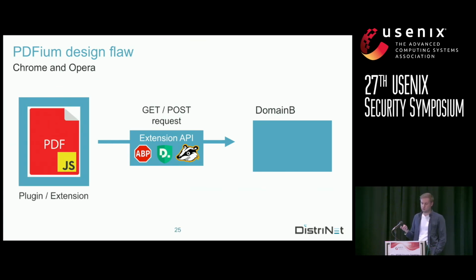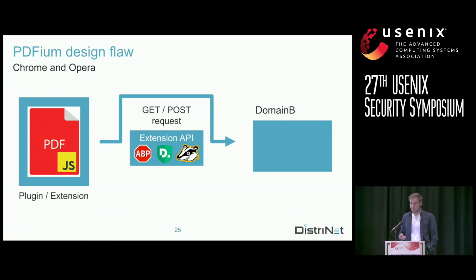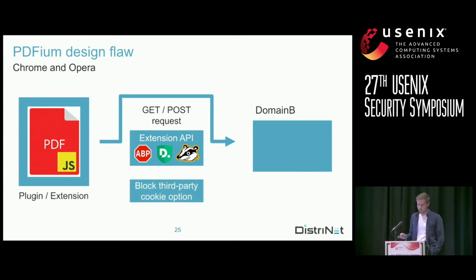And by rule in Chrome and Opera, extensions cannot intercept requests from each other, so this is what actually happens. The extension API is completely bypassed, making no extension in Chrome and Opera able to act as a complete third-party cookie policy. And like we already saw in the table, it even bypasses their own built-in option to block third-party cookies.